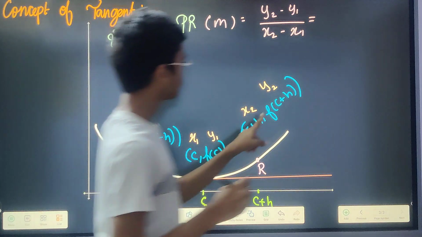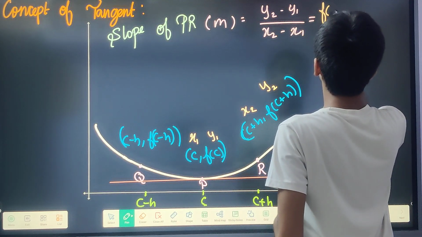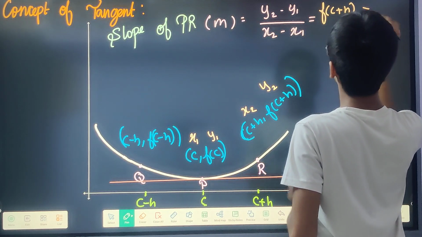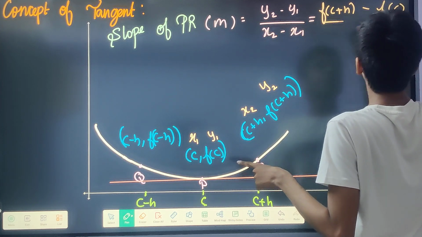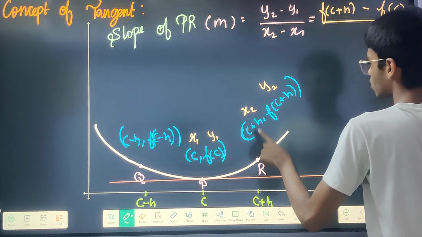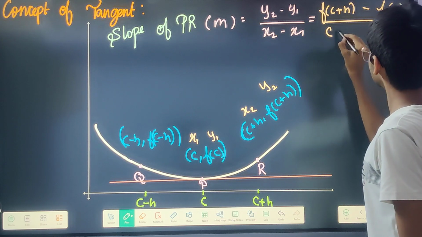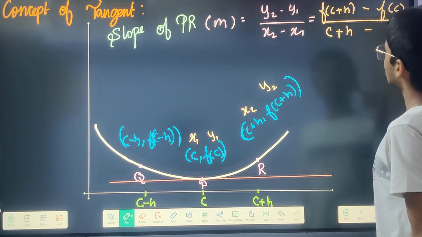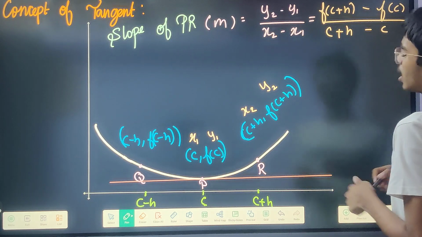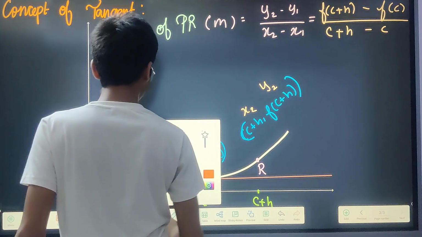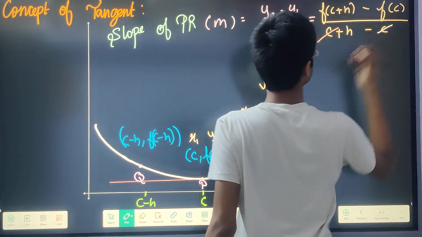Now I'm going to equate it over here, which is f of c plus h minus y1. What is y1? It is f of c, whole divided by x2. What is x2? x2 is going to be c plus h. Then minus x1. What is x1? x1 is going to be c. Minus c, so now c I'll cancel.